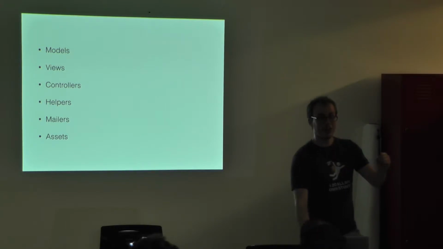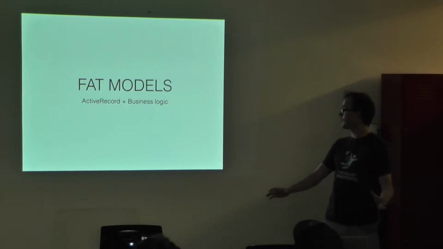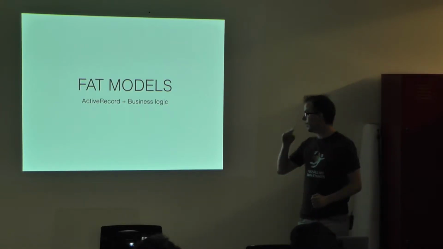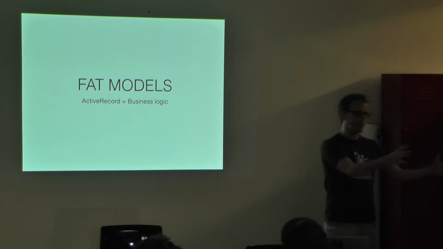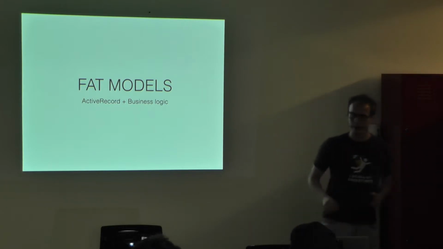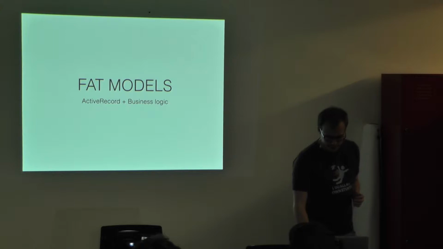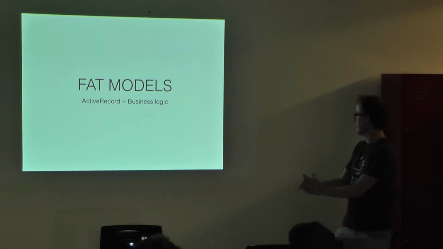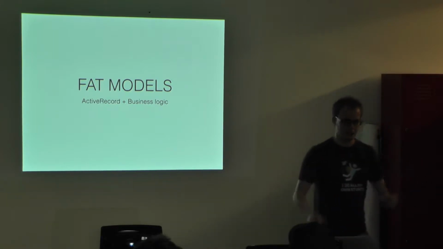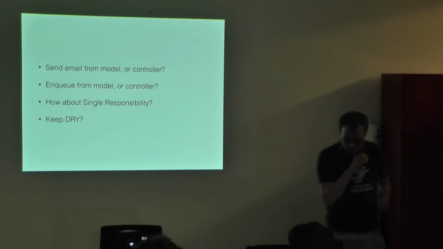Next important thing in the Rails way, fat models, right? Which is basically, you take an ActiveRecord model, add business logic to that, completely screw with single responsibility principles. So, Rails, and good way.